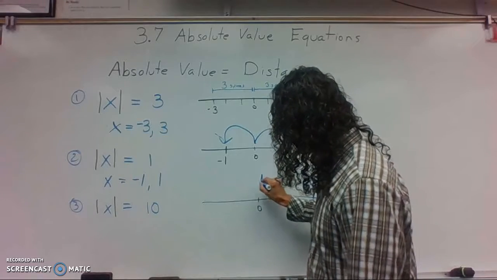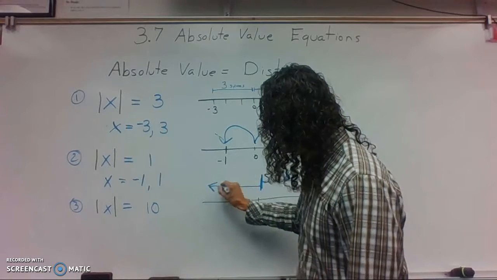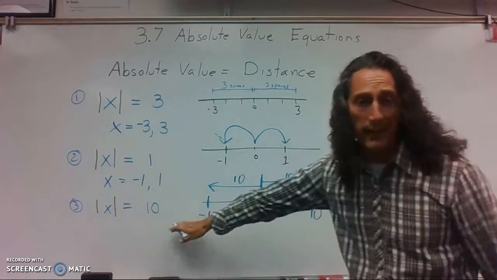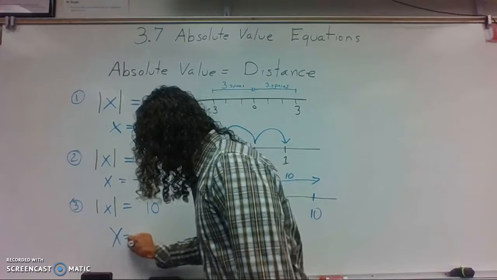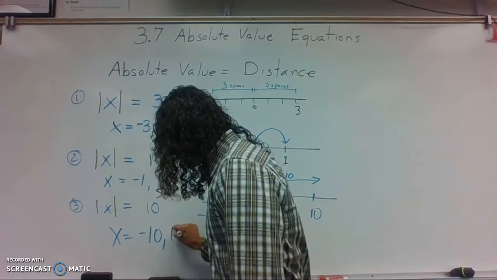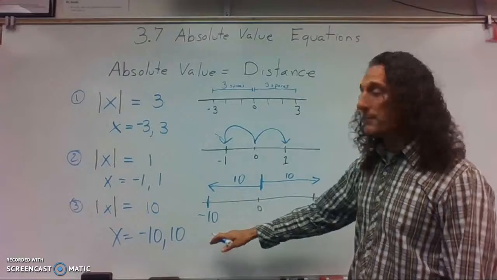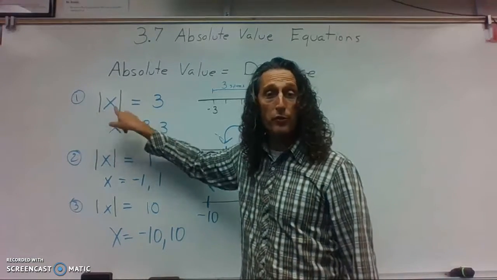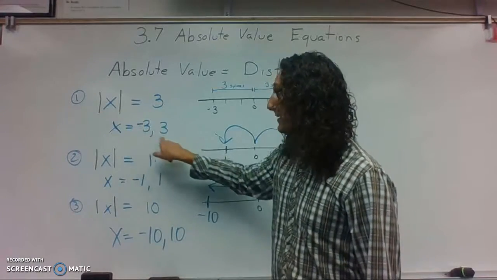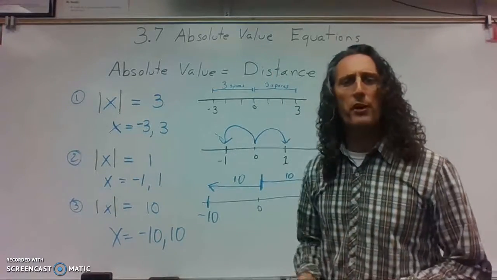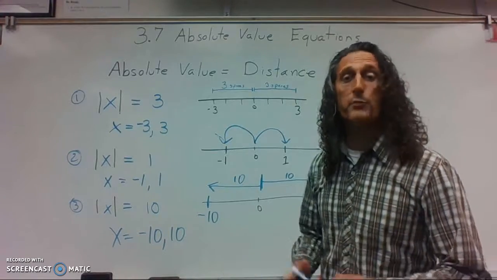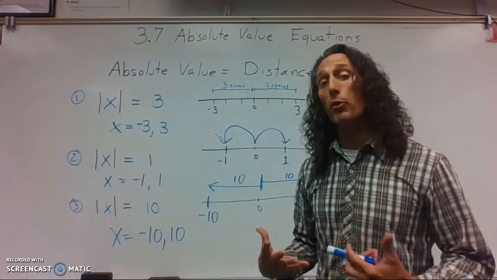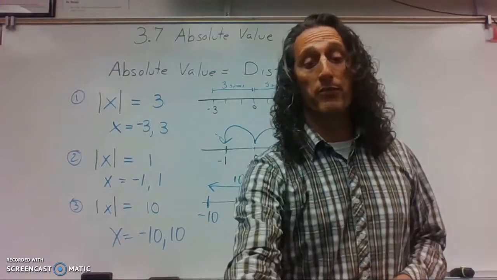If I go over in this direction and I go 10 spaces, that's -10. So then all we get is x is -10, comma 10, right? And just see how I drop the absolute value signs when I actually write my 2 answers. So absolute value always is going to have 2 numbers because we can go to the left or we can go to the right. So now I'm going to show you more complicated versions of these type of equations.